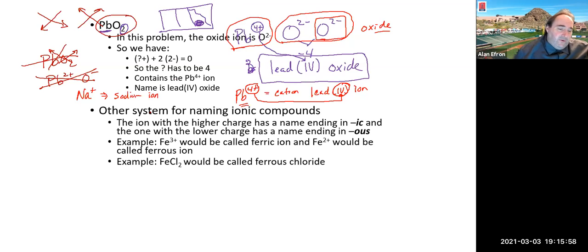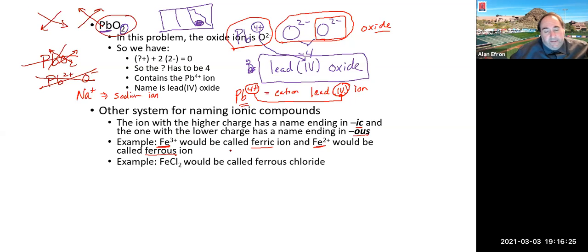Now, there is an older-school way of naming ions with a variety of charges, where they use the root of the name and it ends in -ic or -ous. So instead of iron 3, this would be called the ferric ion. Instead of iron 2, this would be the ferrous ion.